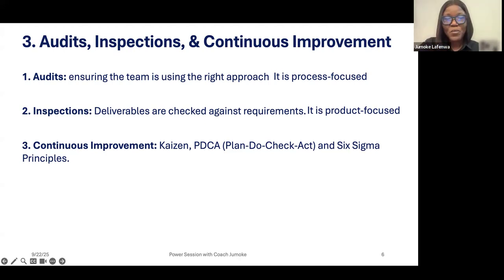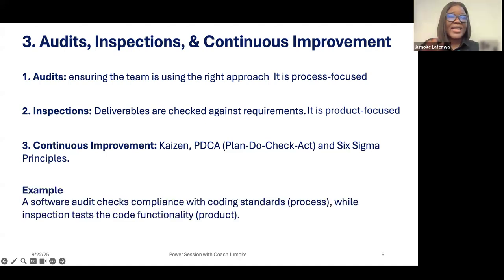An example is a software audit checks compliance with coding standards. When you are checking compliance with coding standards, that's a process. You are checking the process. While inspection tests the code functionality. The code functionality is what the customer is expecting at the end of the work.